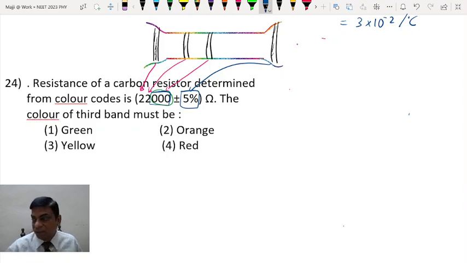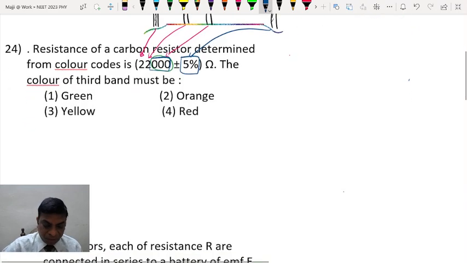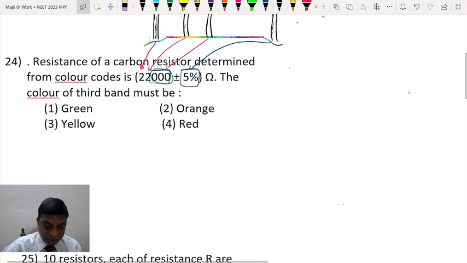There are several mnemonics; teachers keep telling us different ones. Your teacher would have told you this one, and this mnemonic is very popular and very common in books also. If you don't know it, then I'll let you know.